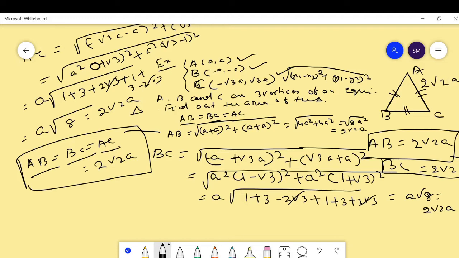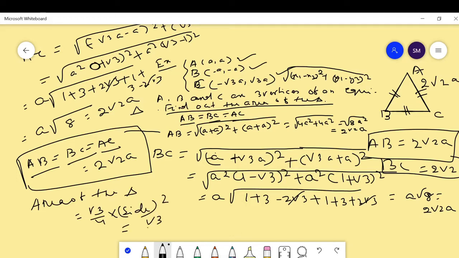Then by using the formula, we also find the area of the triangle. The area of an equilateral triangle is equal to root 3 upon 4 into side square.